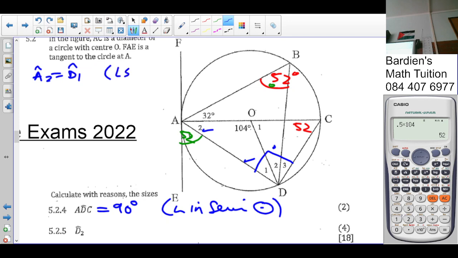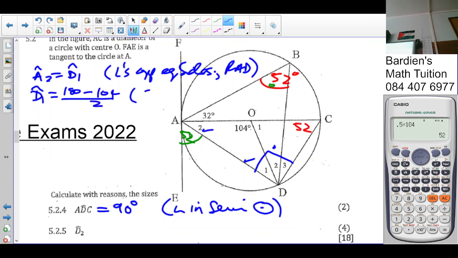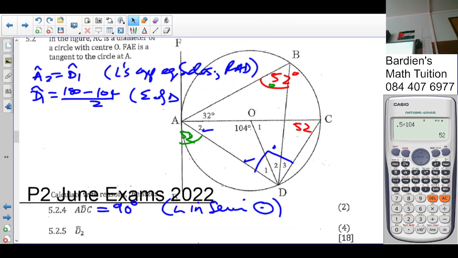Because it's angles opposite equal sides, and that's the fact that it's your radius. So angle D1, we're going to go with sum of angles of a triangle here. So angle D1 is equal to 180 minus 104 divided by 2. That is sum of angles of a triangle.